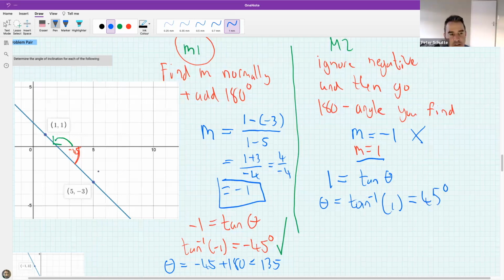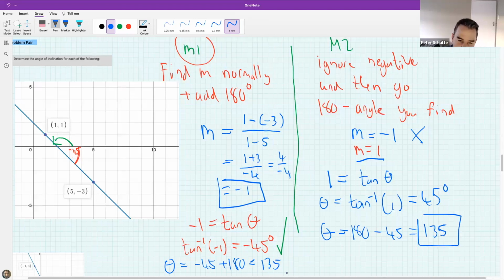But we know that's not correct because we can see it's obtuse. So in order to bring in the fact that it's negative, we put it in quadrant 2, and the real answer is going to be 180 minus 45, which is 135. And the good news for all of us is it's the same angle, and it makes sense when we visually look at that green angle there.